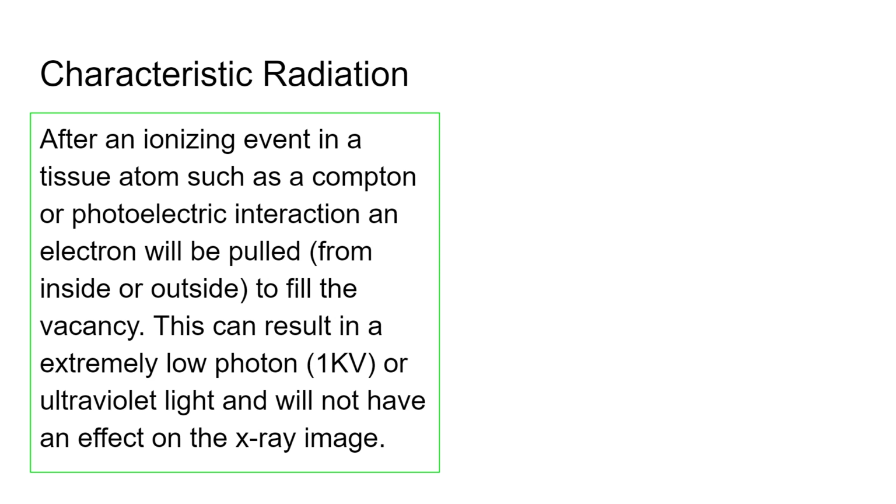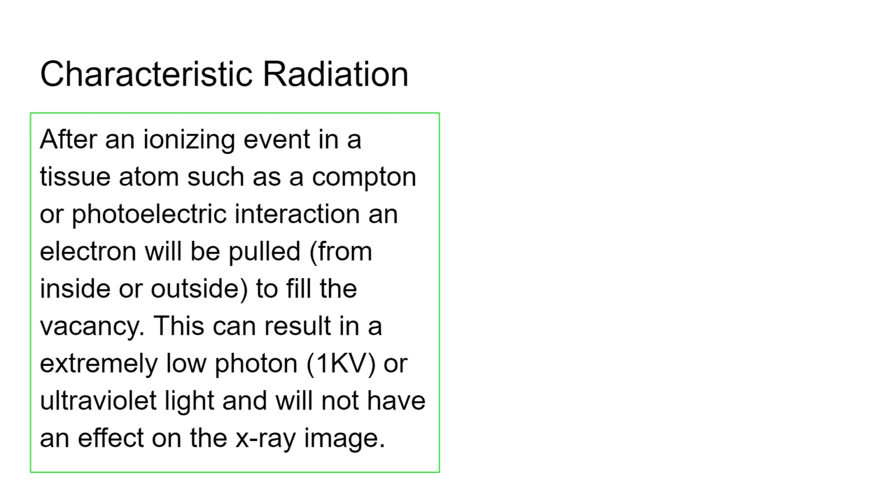But you have that cascading effect where the shells want to be filled by other electrons. And when those electrons fall down, they produce small little characteristic radiation with tiny little energy photons, like 1 kV.